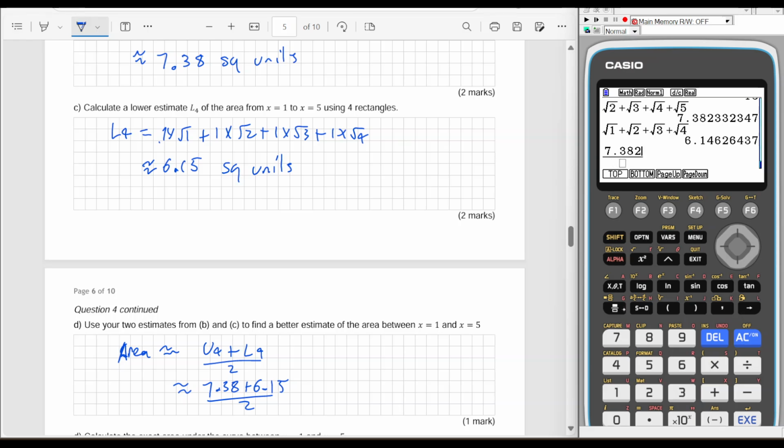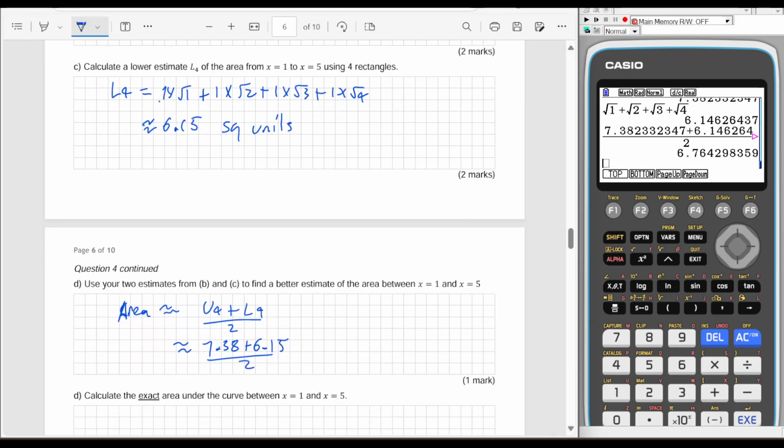Bit annoying that you have to do it, but it's really important that whenever you reuse a number, you don't use a rounded version. So it's about 6.76 square units.